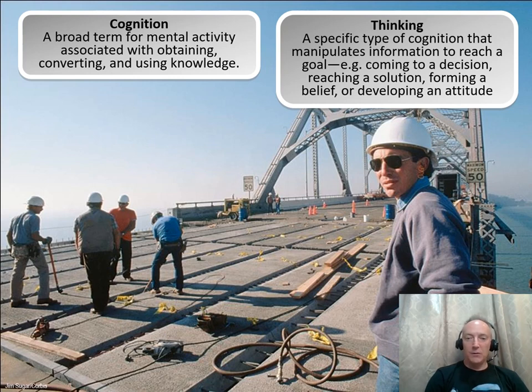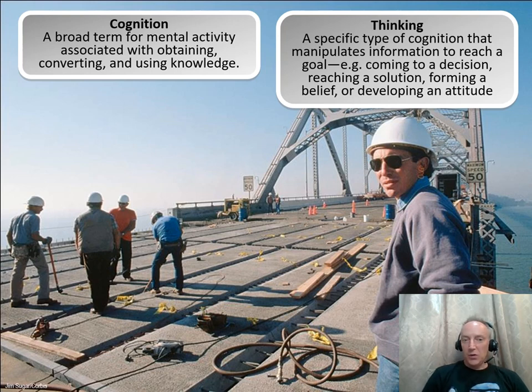So when we first defined what psychology is, we said it is the scientific study of human behavior and mental processes. So cognition is dealing with that mental processes component of it. Those activities that we can't directly see that are happening inside your head that deal with using knowledge, getting knowledge, converting the knowledge you have.